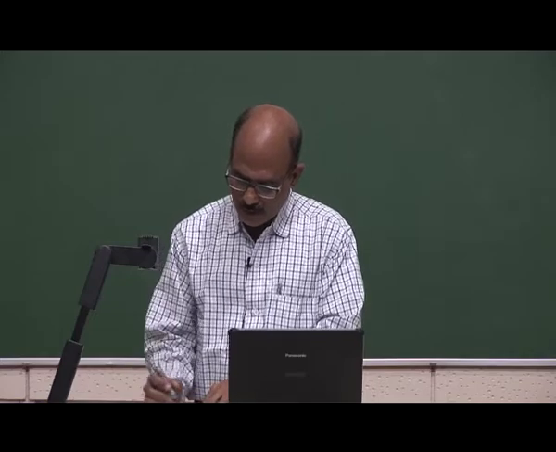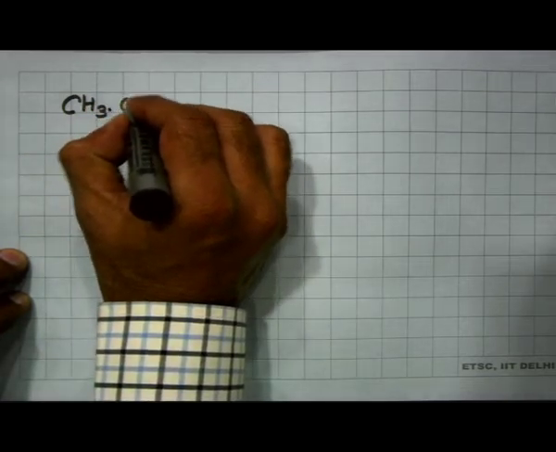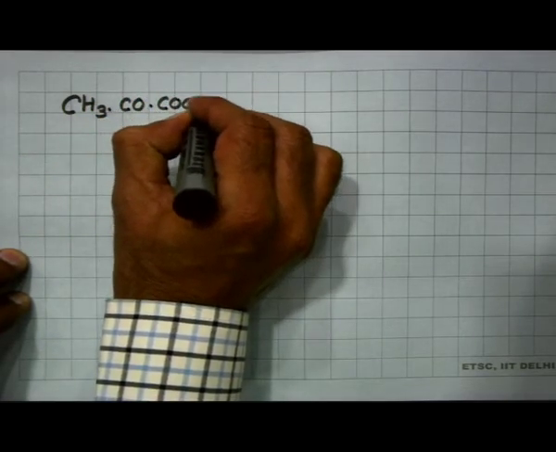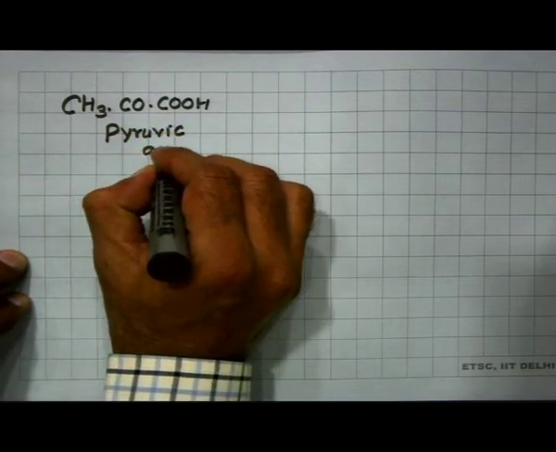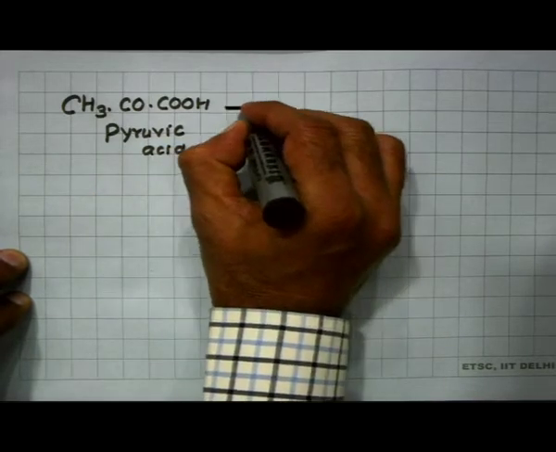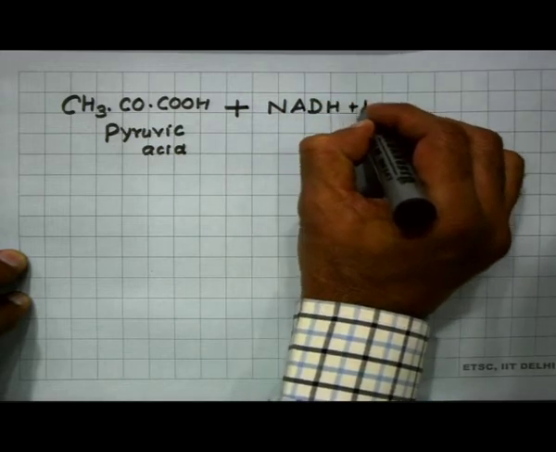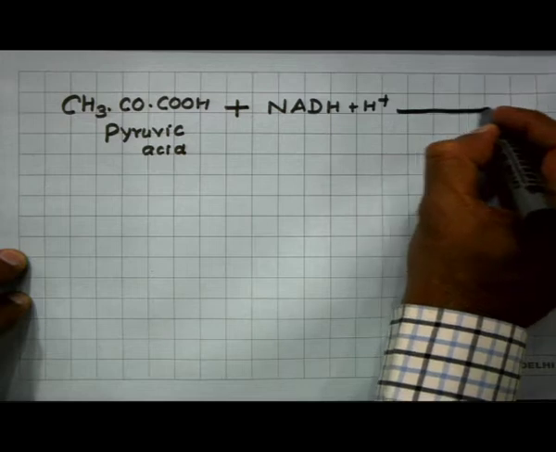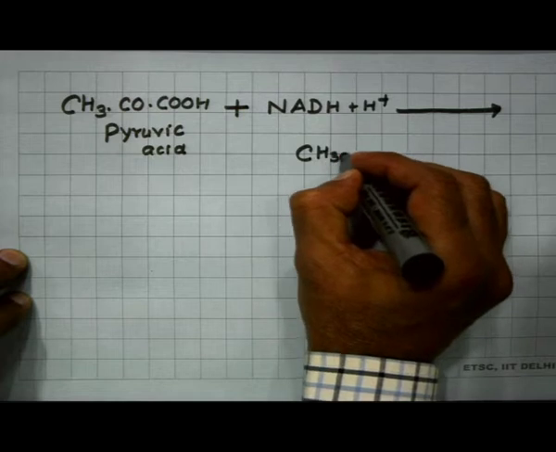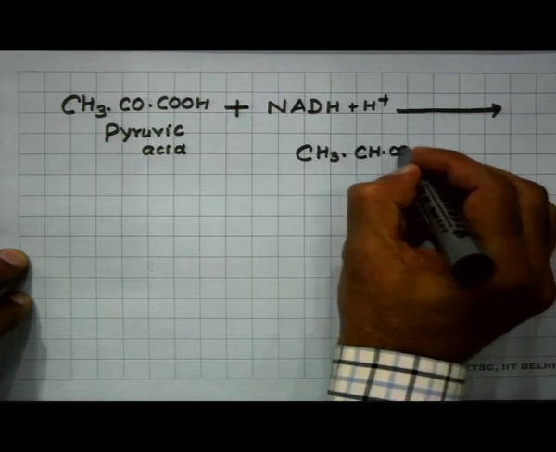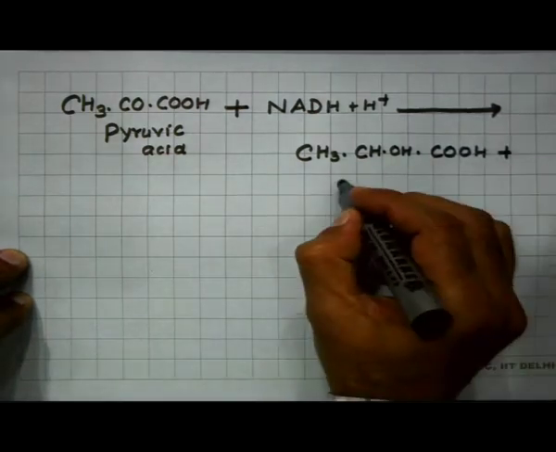First of all, the pyruvate which I have already discussed, CH3COCOOH, the end product of glycolysis, directly combines with NADH and is directly converted into CH3CHOHCOOH plus NAD+.